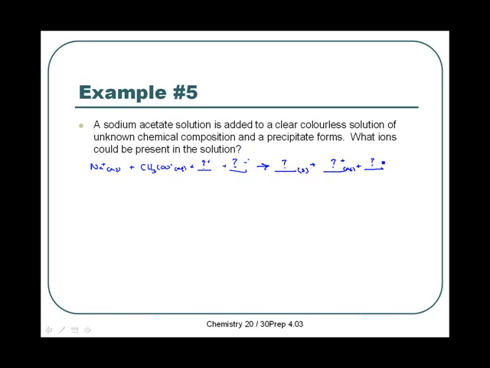And what we're doing here is, we know that a double replacement reaction is taking place. Something from that sodium acetate reacted, and the sodium and the acetate switched partners with two things that we don't know yet. So we're going to look at our solubility table and ask, what could form a solid compound with, say, sodium ions?